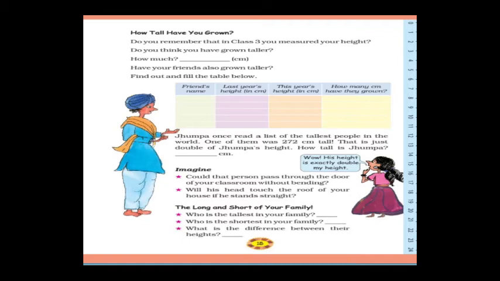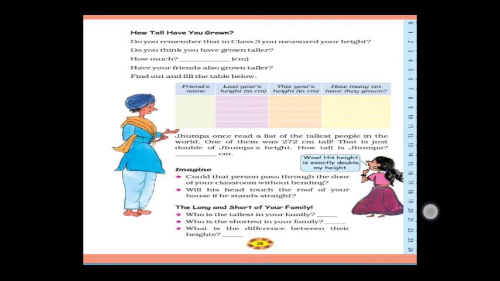Next question. Jampa once read a list of the tallest people in the world. One of them was 272 centimeters tall, which is just double Jampa's height. How tall is Jampa? Here Jampa, this girl, is reading a list of the tallest people in the world.